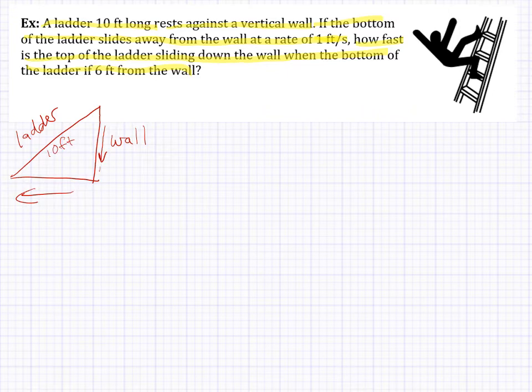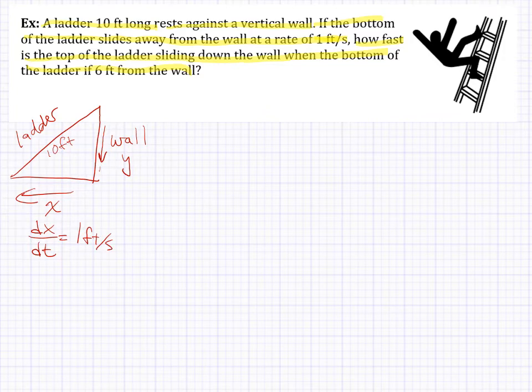Okay, so we have the bottom of the ladder slides away from the wall at a rate of 1 feet per second. So let's call the bottom x and the side y. So we know the change in x over time, dx/dt, is 1 foot per second.